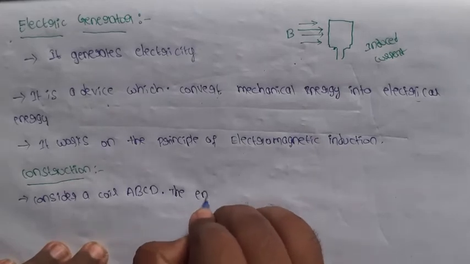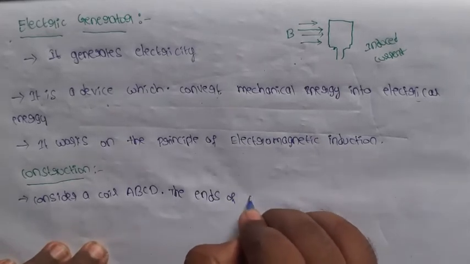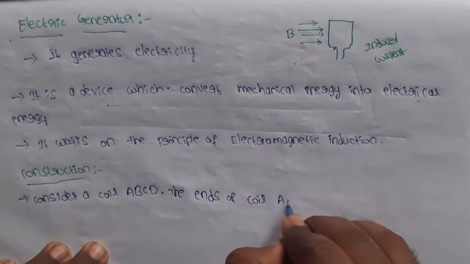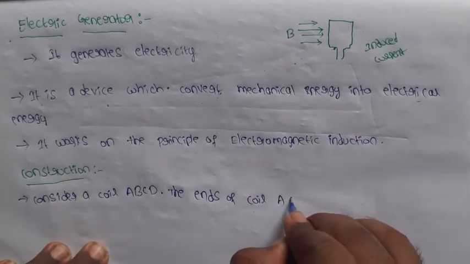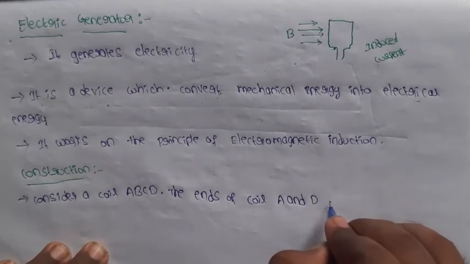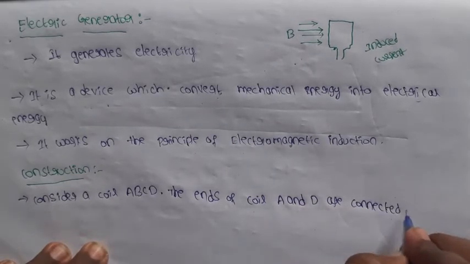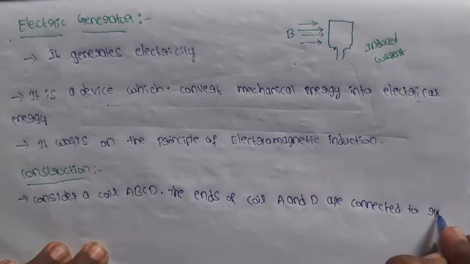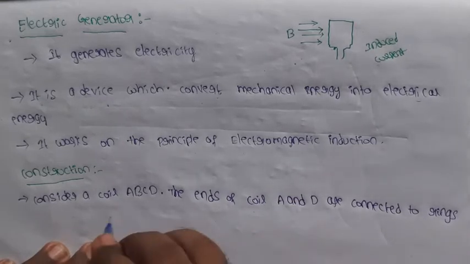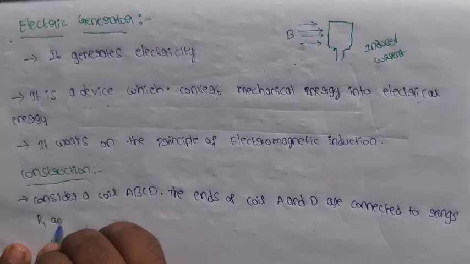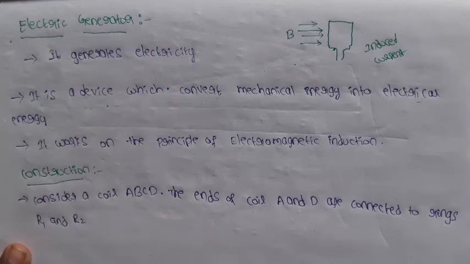The ends of the coil, A and D, are connected to rings R1 and R2.